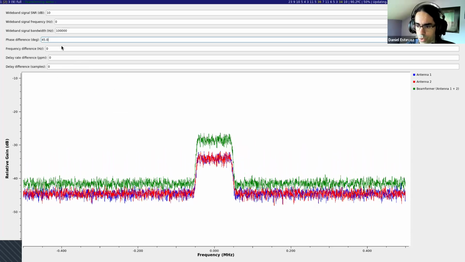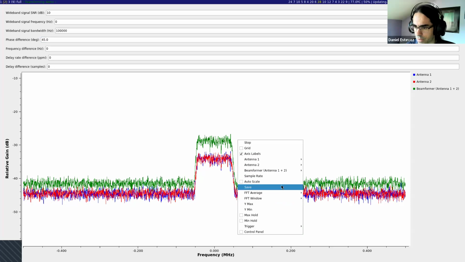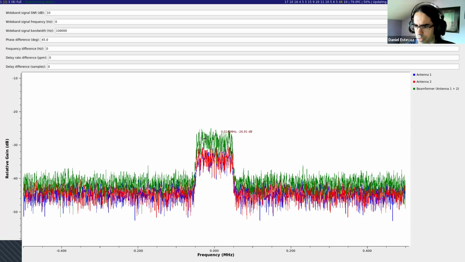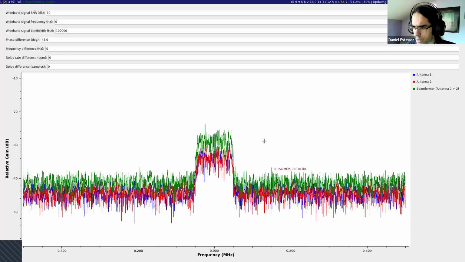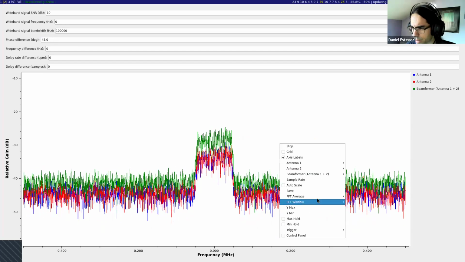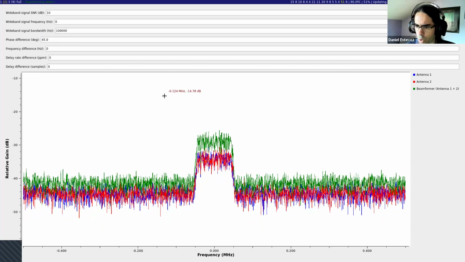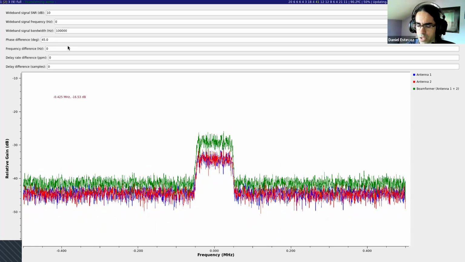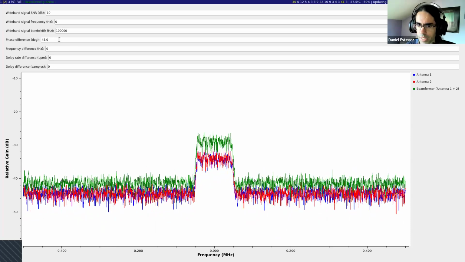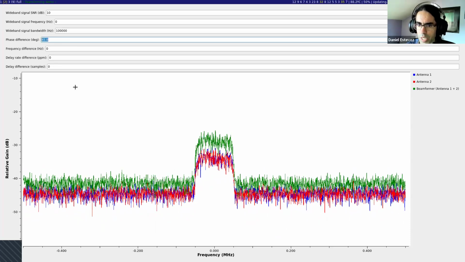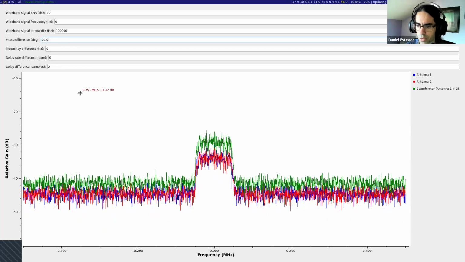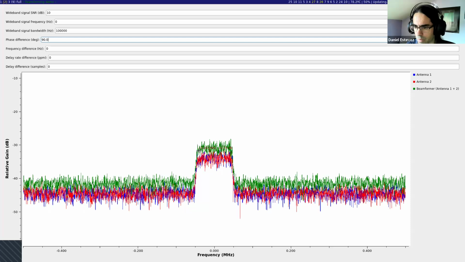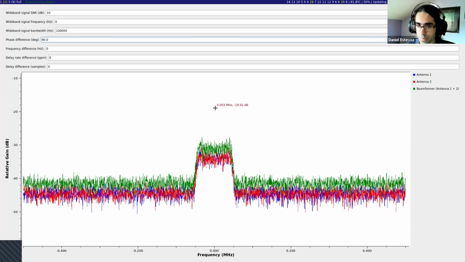If I start to increase the phase difference, maybe I'm going to put this on low. At 45 degrees, it might not be so clear, but I start to get a small decrease in the amplitude of the beamformed signal, because now the two signals don't line up perfectly. If I increase this further to 90 degrees, you can see that I'm not gaining much by beamforming.